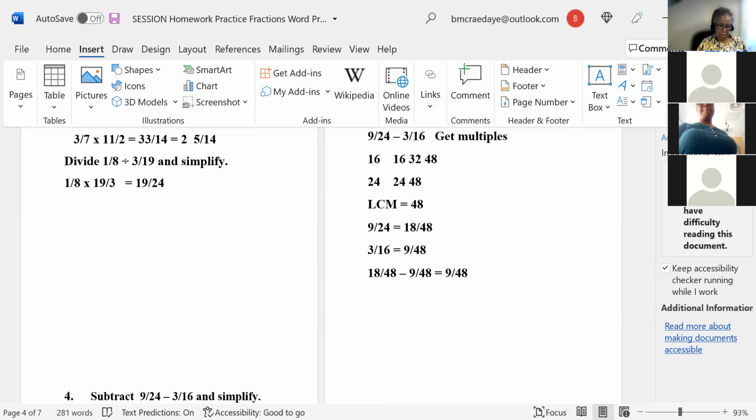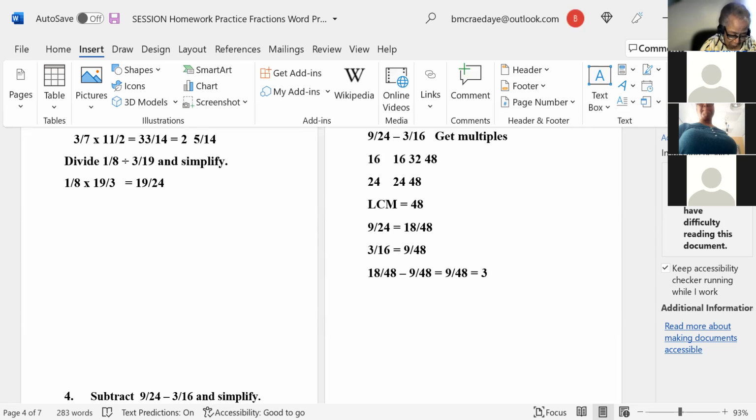There's no number that divides into 9 and also divides into 48. Oh, 3 is a factor of 9, and 3 is a factor of 48. So 3 in the 9, how many times? 3 times.